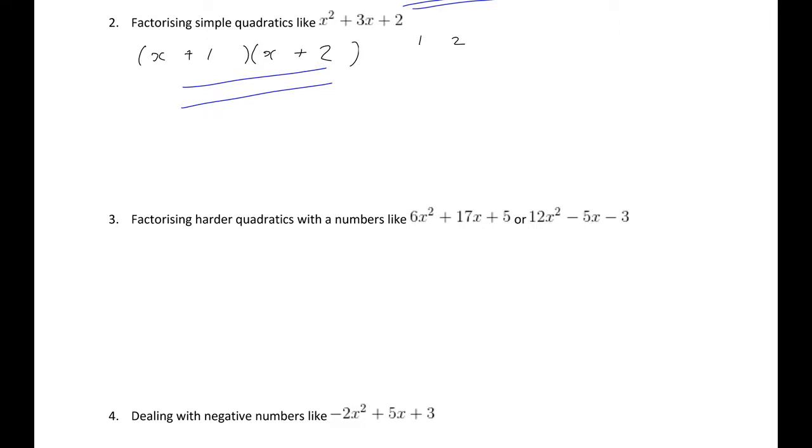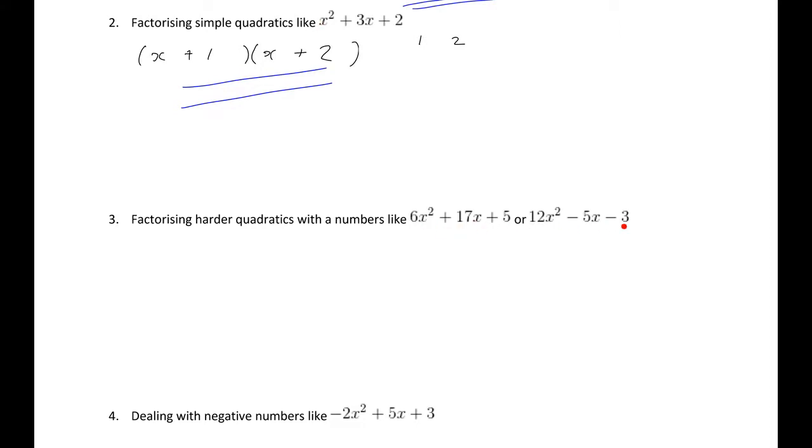Now note, if all it has said here is to factorise this, that's all you do. We're not asking to solve it, which is when you get x equals. You're just asking to turn it into two factors. And that is what we have done here. So, that is for the simpler ones, where you've only got x squared at the front, you haven't got a number.